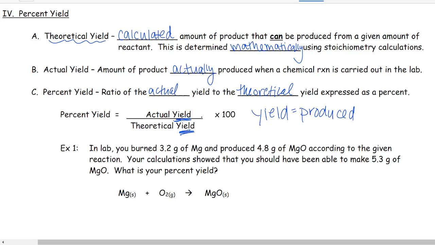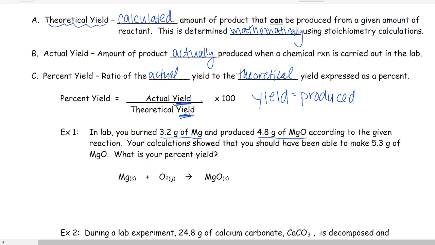Example 1 says, in lab, you burned 3.2 grams of magnesium, and you produced 4.8 grams of magnesium oxide according to the given reaction. So if I'm looking at this reaction down here, this means that I start with 3.2 grams of magnesium, and I make 4.8 grams of magnesium oxide.